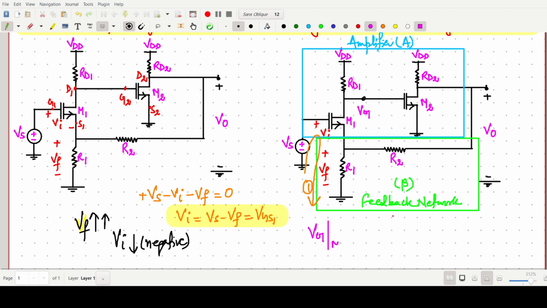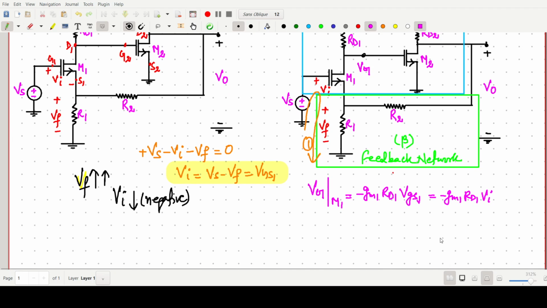The output of transistor M1 in general we can write as minus gm1 rd1 into VGS1, which is simply minus gm1 rd1 into Vi.